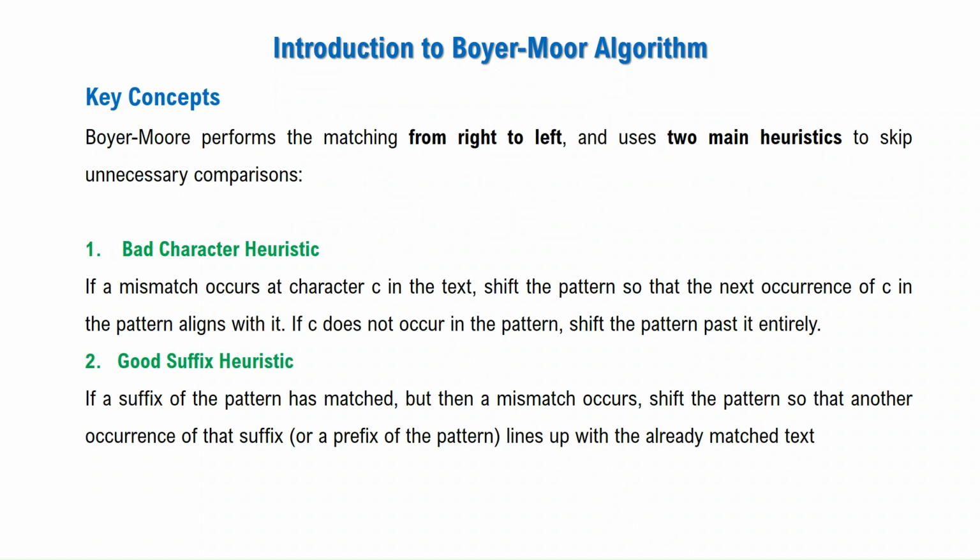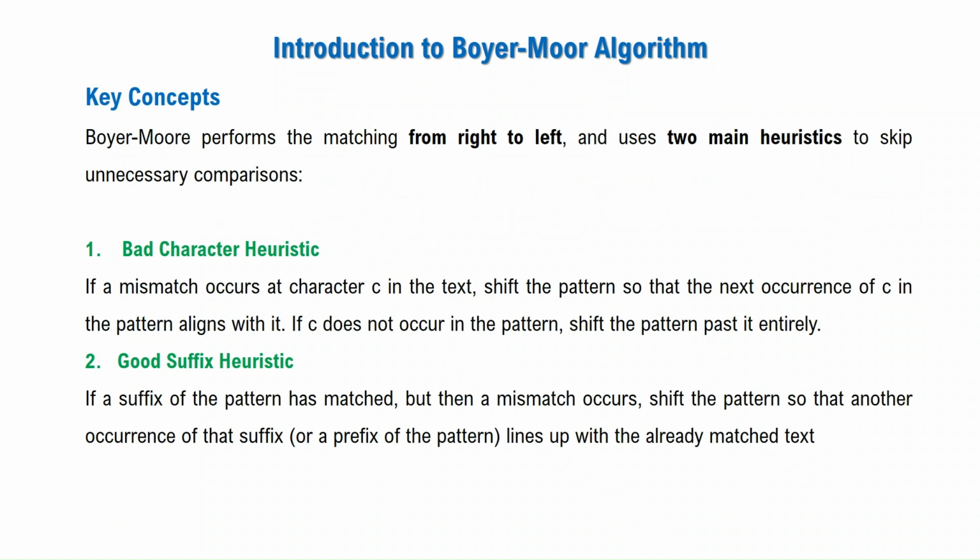There are two characteristics in the Boyer-Moore algorithm, which means it uses two different tables. Of course, it works from right to left, which means you shift the pattern from left to right, and the character comparison happens from right to left, starting with the last character of the pattern.